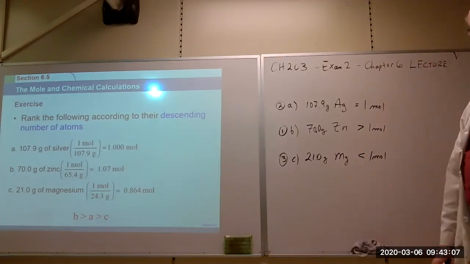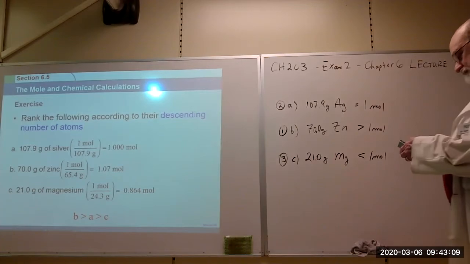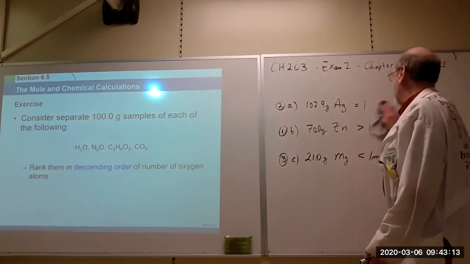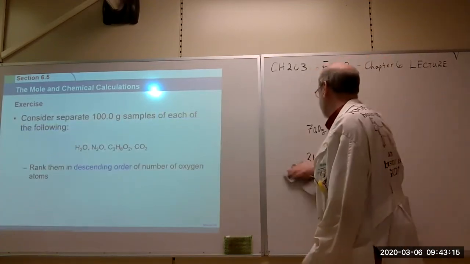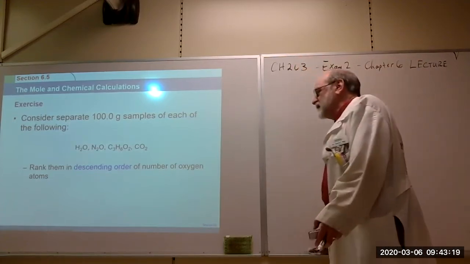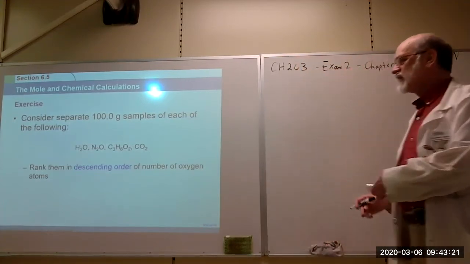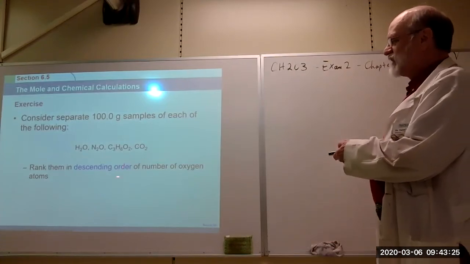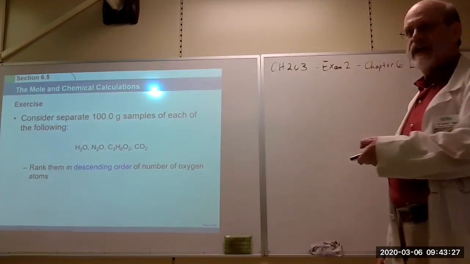Okay. Now things get a little more complicated. If we have 100-gram samples of each one of these compounds, we want to rank them in descending order of number of oxygen atoms.